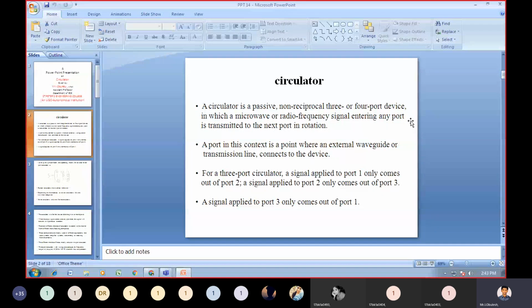And a port in this context is a point where an external waveguide or transmission line connects to the device.